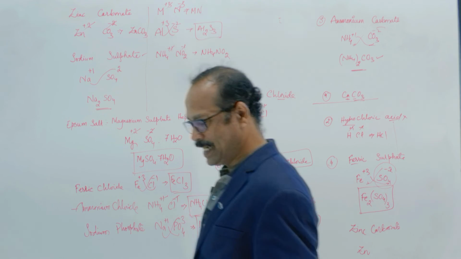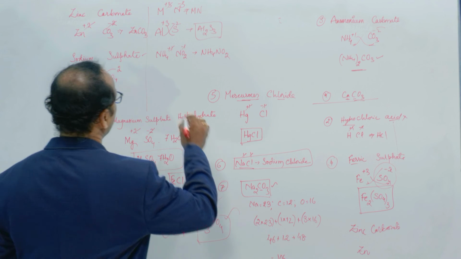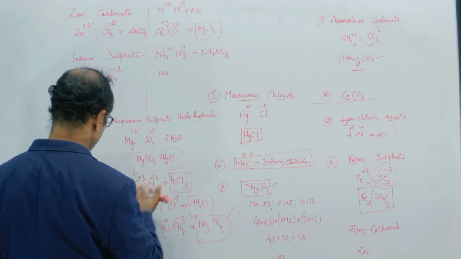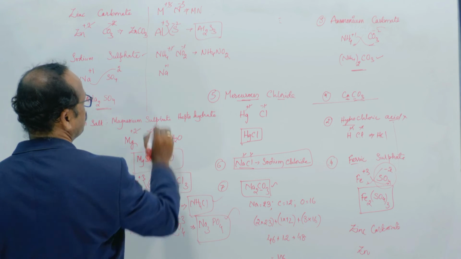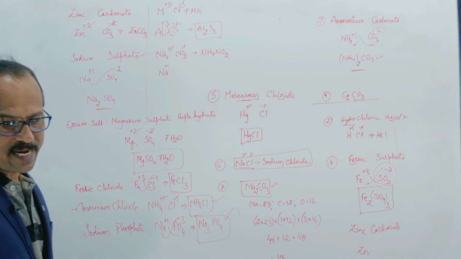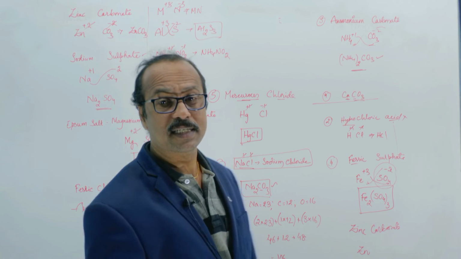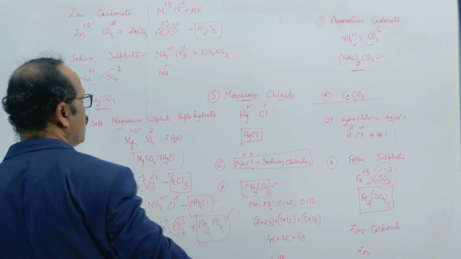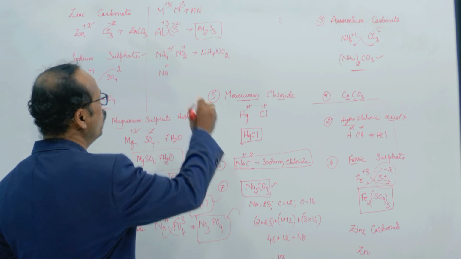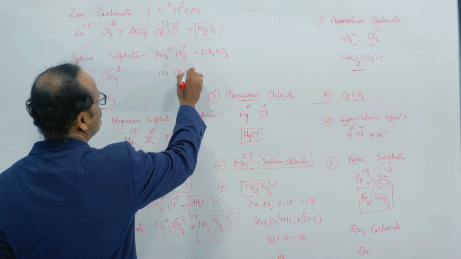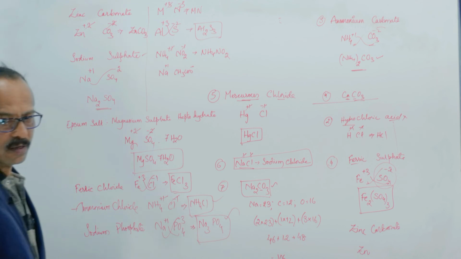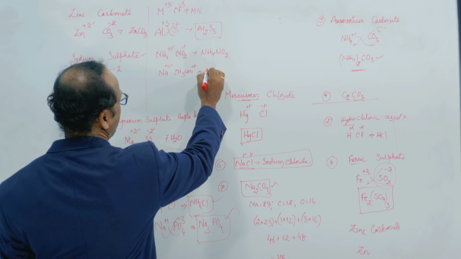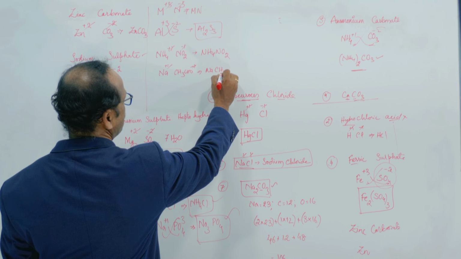Next, sodium acetate, students. Sodium is Na, plus 1. And acetate is CH3COO, minus 1. You can see it in your material. So 1 and 1 cancel, and it becomes NaCH3COO.